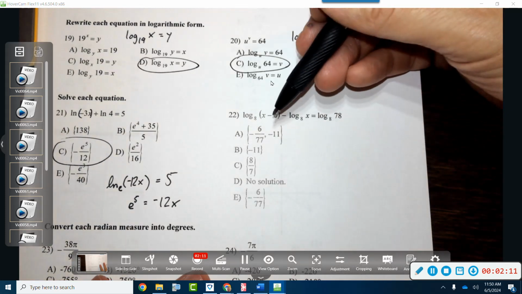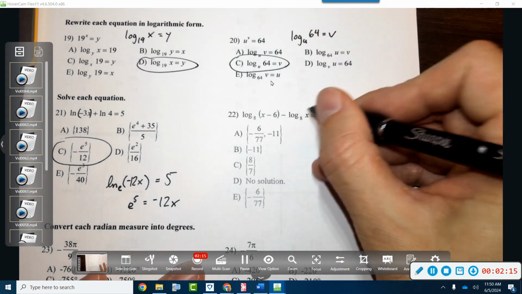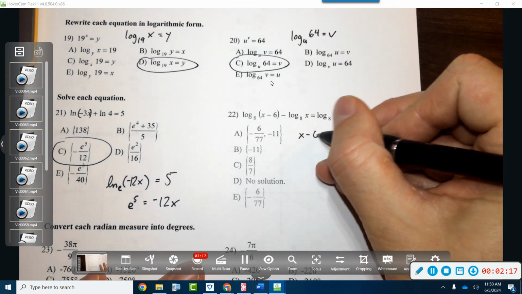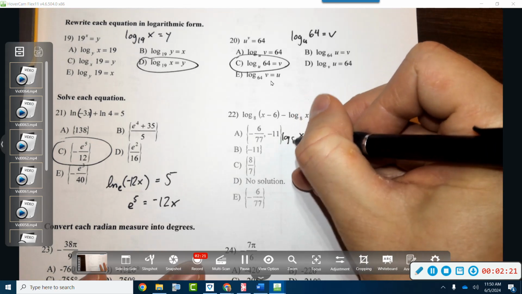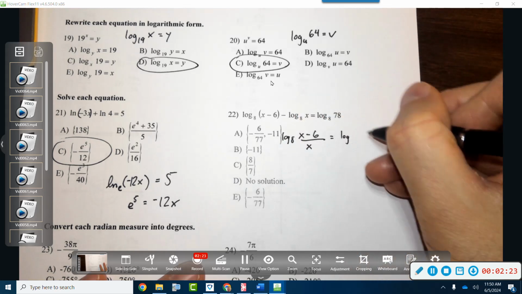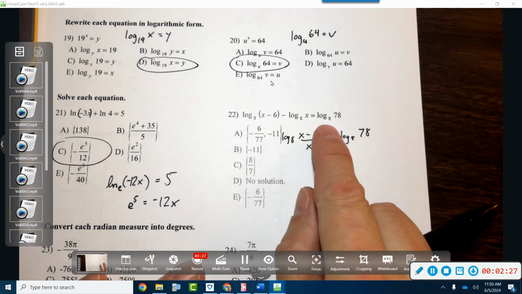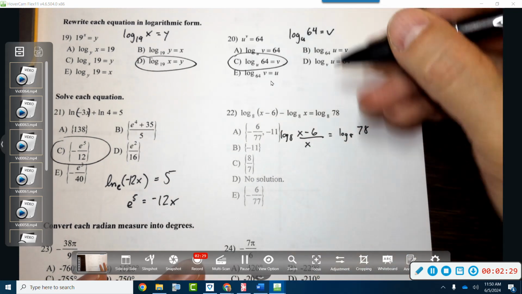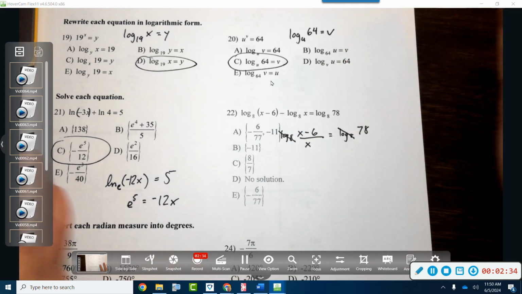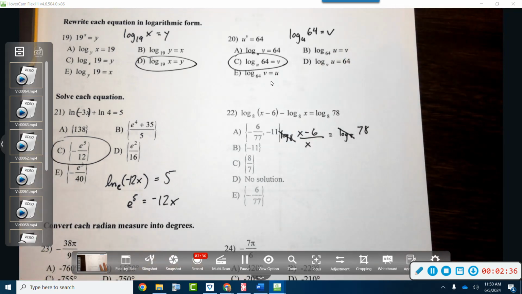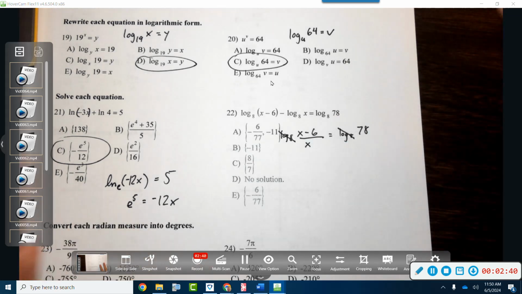So now it looks like I'm going to have log base 8 of x minus 6 over x equals log base 8 of 78. Now I've got a log on both sides. This is nice because once I condense them, this inside has to equal that inside, and we don't care that it's a log base 8.